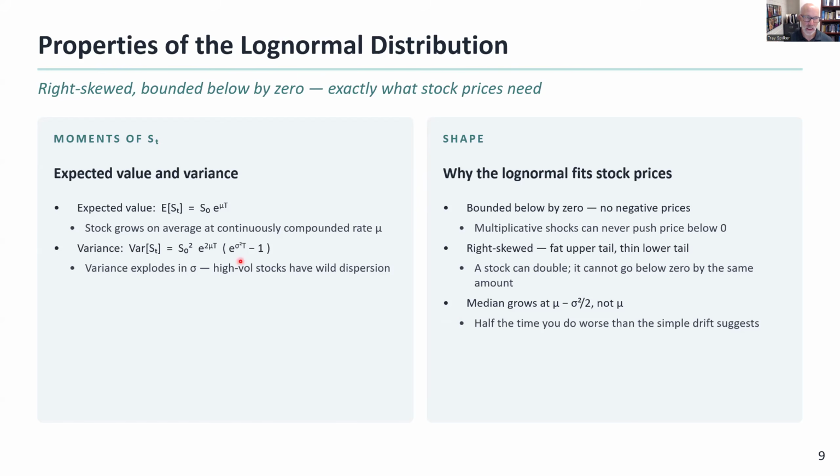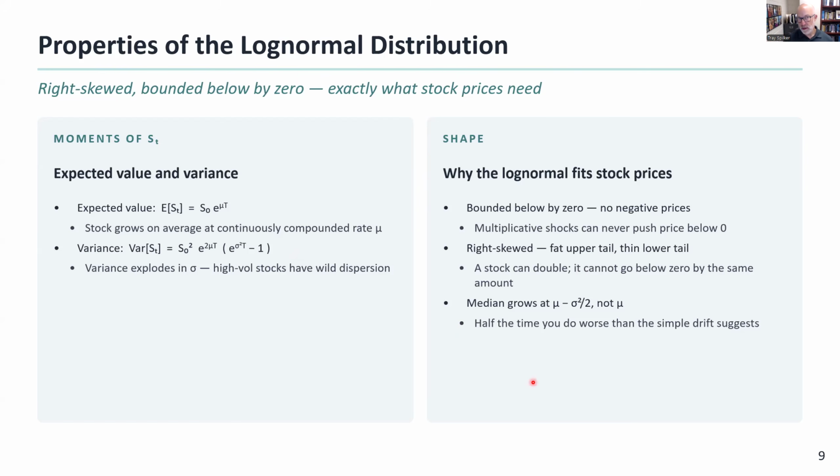You can see that in the bracketed expression here, which basically says that high volatility stocks have very fat upper tails. Basically, the higher the volatility, the increased probability that I'll end up with a high value as opposed to a low value, at least relative to normal distribution assumptions.